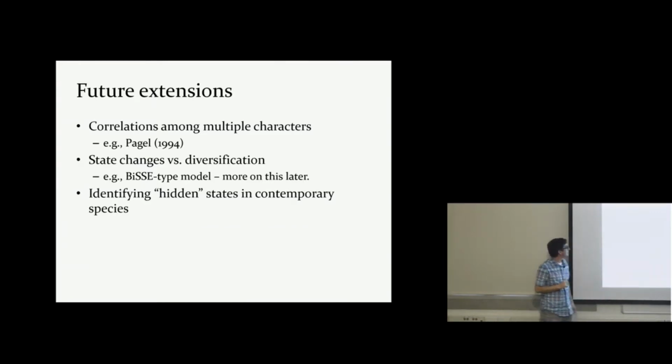We're also discussing ways in which we can take into account both transitions in the states as well as diversification, which I'll talk about more in a little bit. And then finally, we're working on identifying these hidden rates or hidden states in contemporary species. And so I'm going to show just some basic results that were just finished the other day.